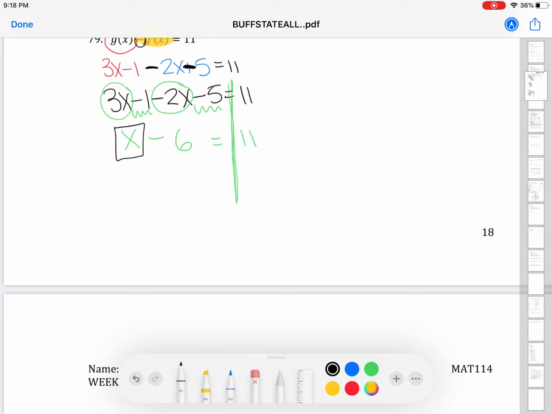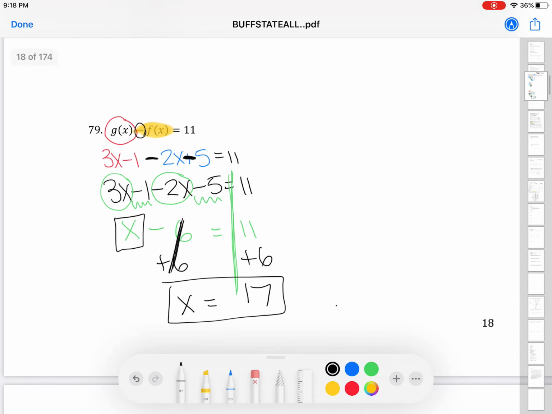My equal sign comes down, and so does the 11. And that just got so much easier. So to get x by itself, you want to get rid of what's being added or subtracted first. So I'm going to undo that minus 6 by adding 6 to both sides. Negative 6 and positive 6 will cancel. The x comes down, the equals comes down, and 11 plus 6 is 17. So your final answer is 17.